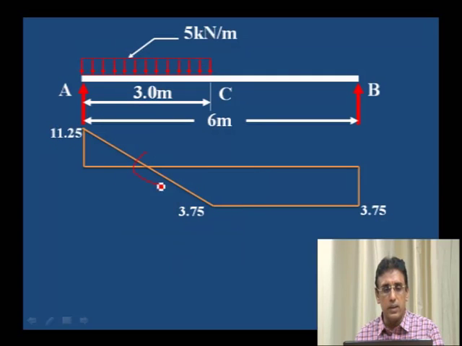Okay, this is the point where the bending moment is maximum. That point we will calculate next session.